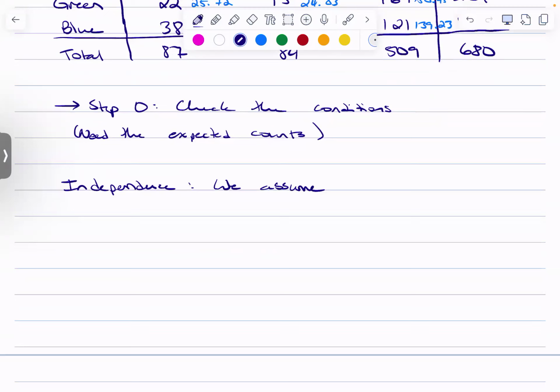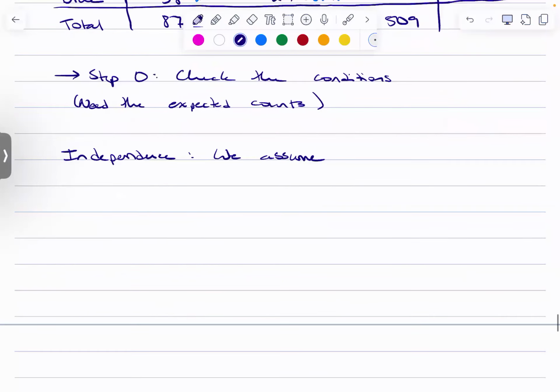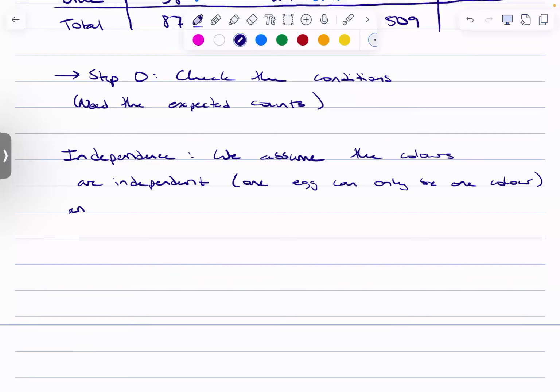I abandoned it. We assume the colors are independent. Right, one egg can only be one color. And country purchased are independent.